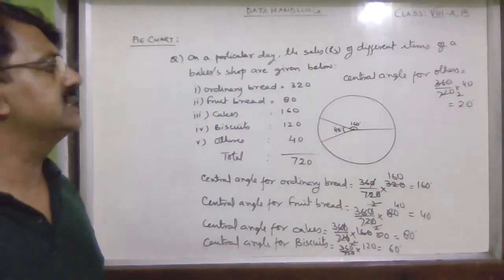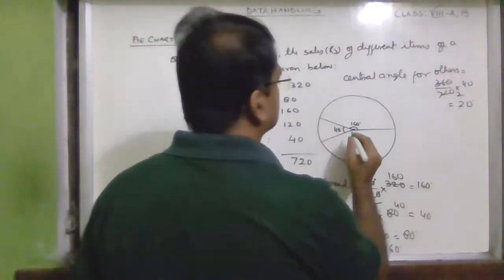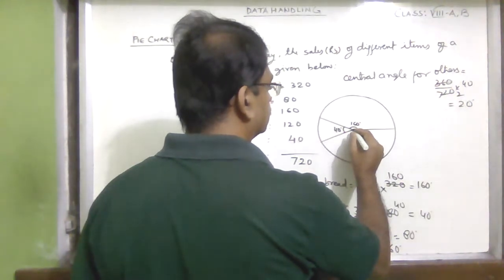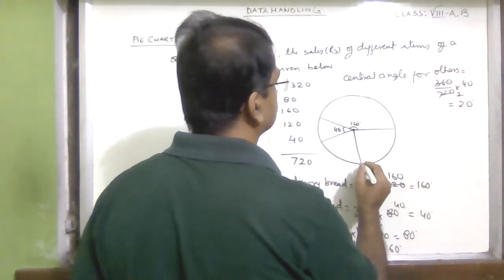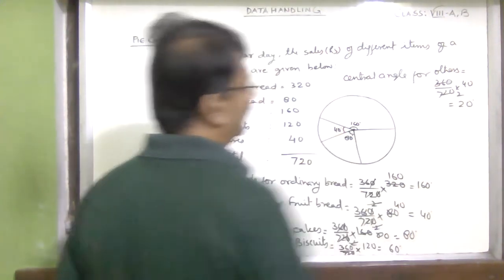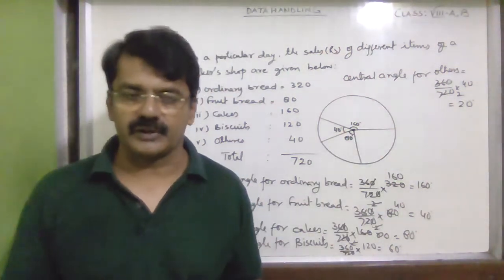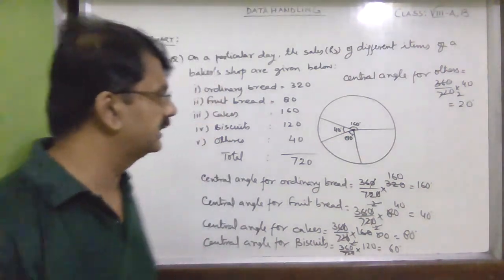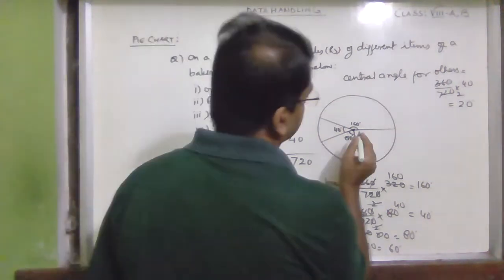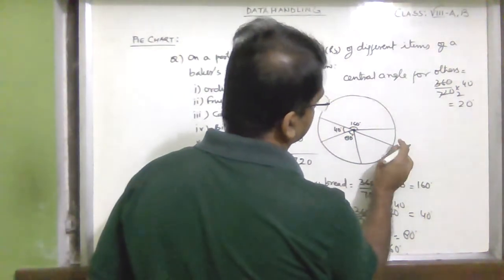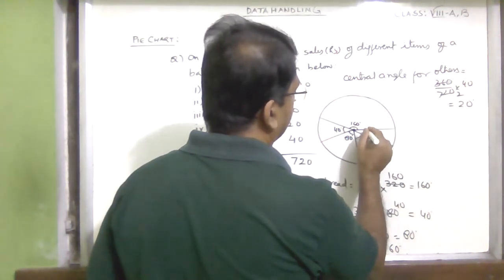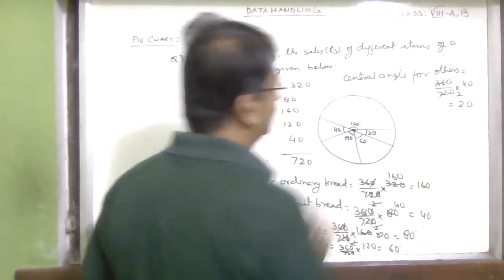The third angle is 80. You will draw them using protractor, so your angles will be accurate. And after that it is 60. And the remaining one will automatically be 20.